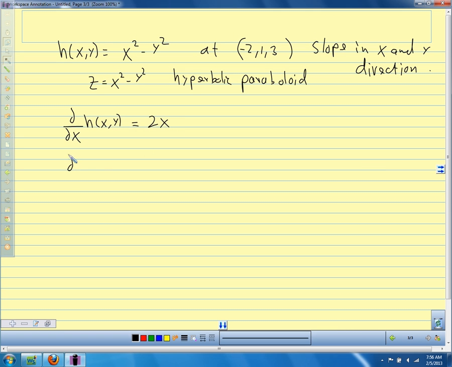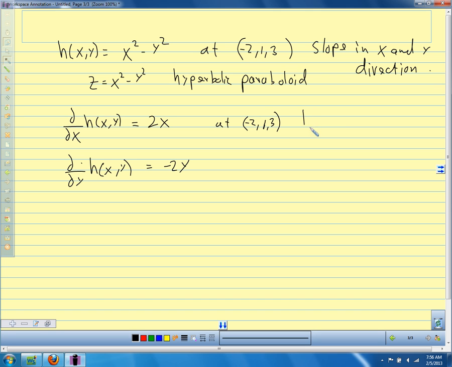And we'll do the partial with respect to y of our function, because we're going to have to do it anyway. It's just minus 2y. And then we can plug in our point, negative 2, 1, 3.